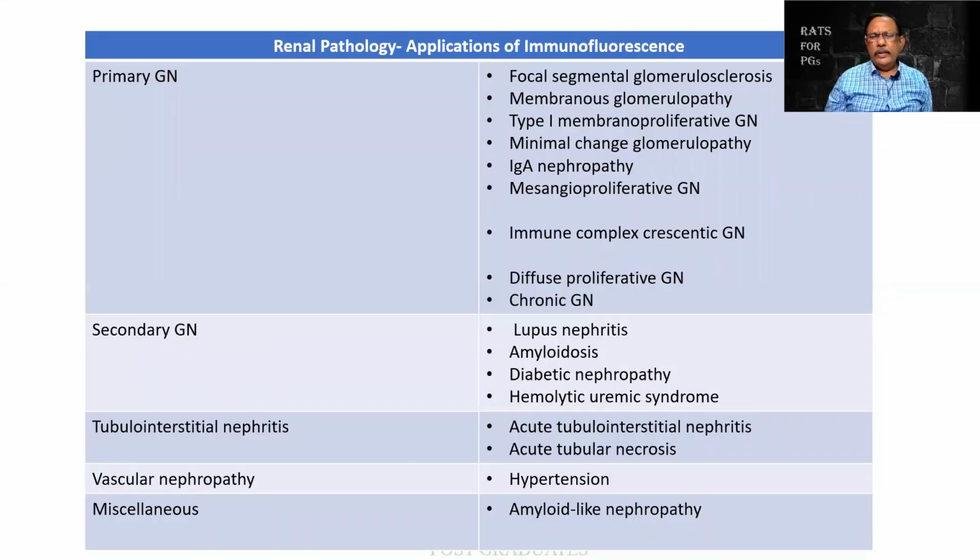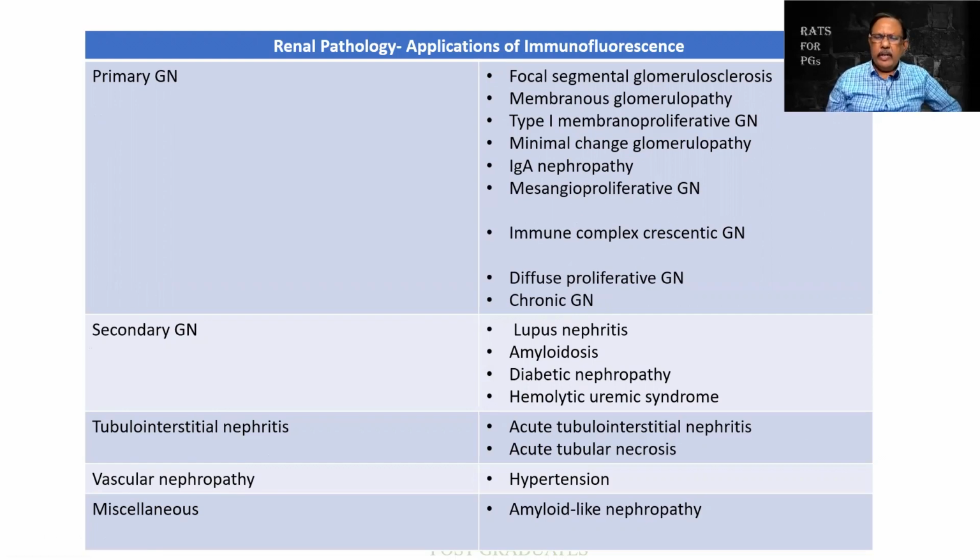And this is one thing I would like you to kindly memorize for the time being. There can be primary glomerular lesions, there can be secondary glomerular nephritis, tubulointerstitial nephritis, vascular diseases, as well as miscellaneous diseases. Initially, there is something pertaining to the nephrotic syndrome, then there can be immune complex or a crescentic glomerular nephritis, diffuse proliferative and a chronic glomerular nephritis.